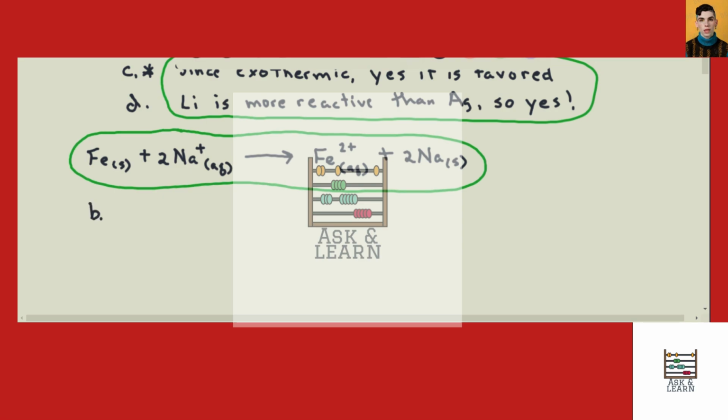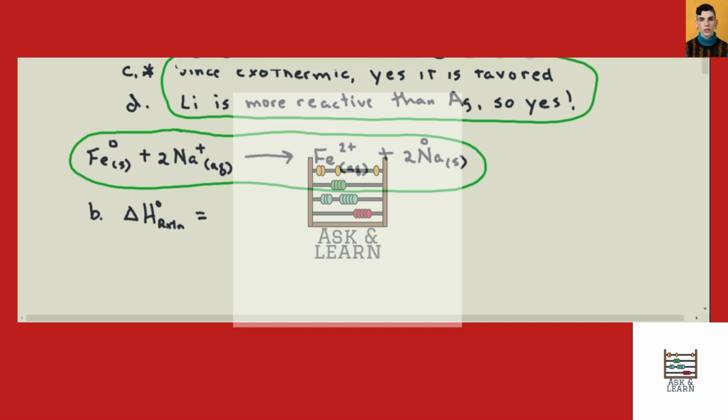Part B, we need to calculate the standard heat of reaction. Remember, we have to take the products and subtract the reactants. But again, the elements have a heat of formation of 0.